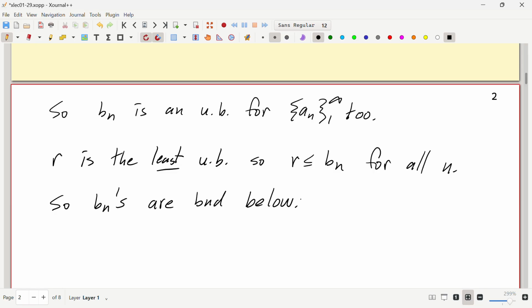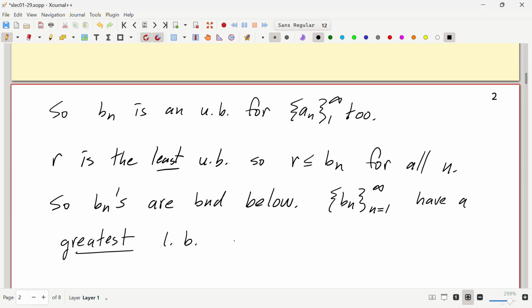And now we know there exists a greatest lower bound. So the bn's from 1 to infinity have a greatest lower bound, and that's called the infimum of the bn's. And since R is a lower bound, R is going to be less than or equal to the infimum of the bn's.